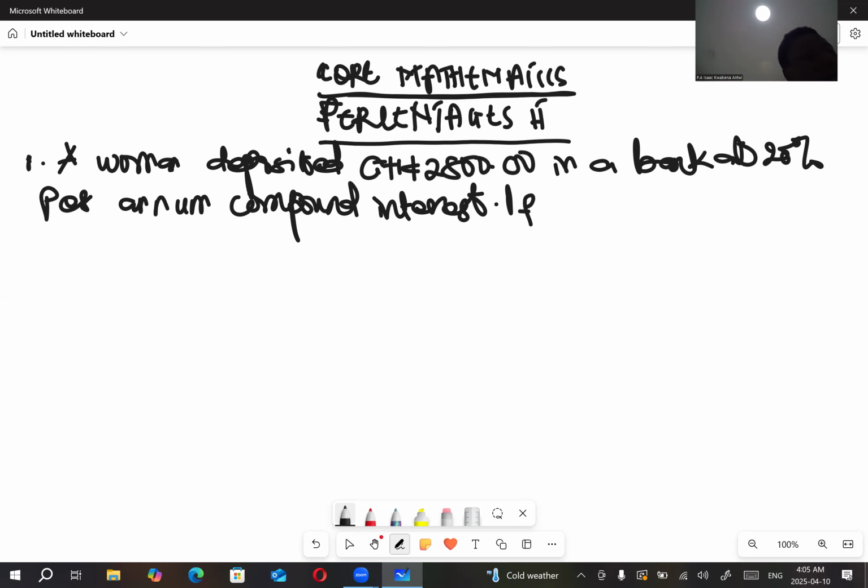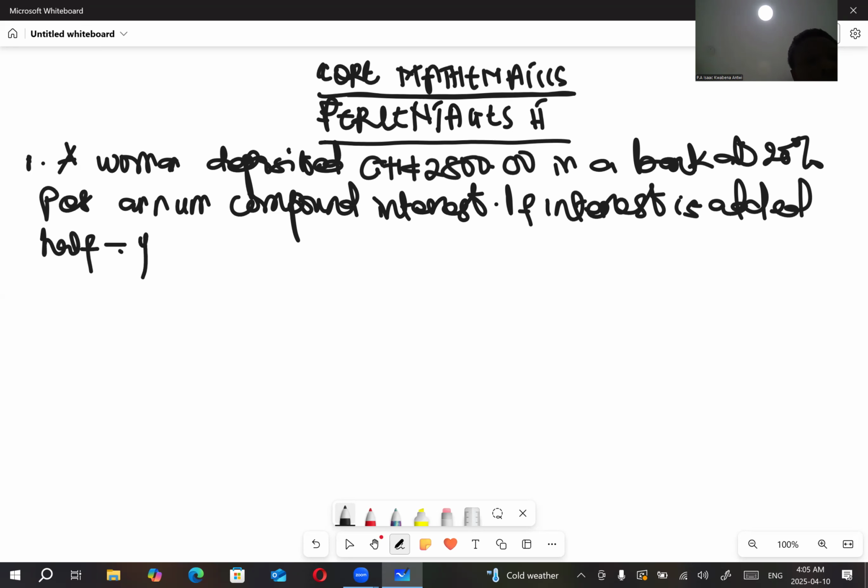If interest is added half yearly, find the compound interest.